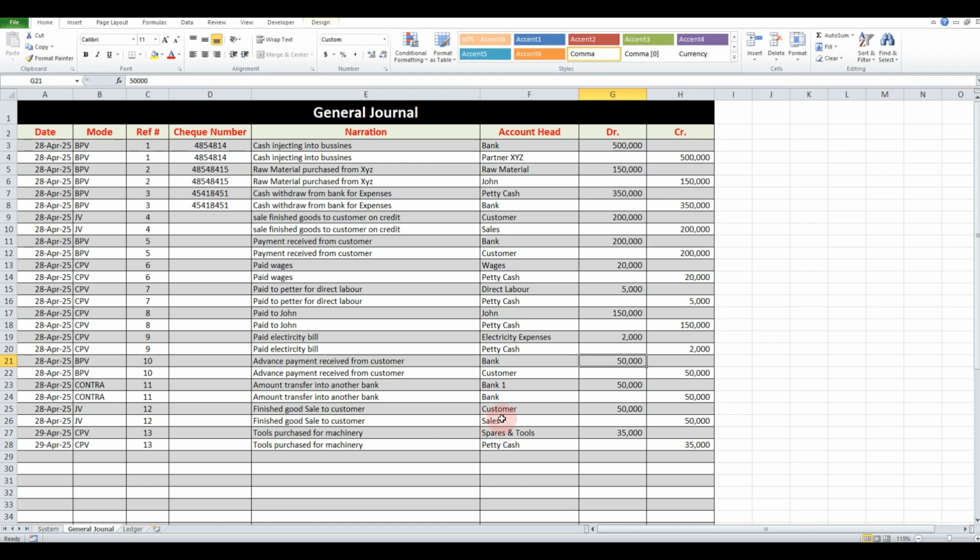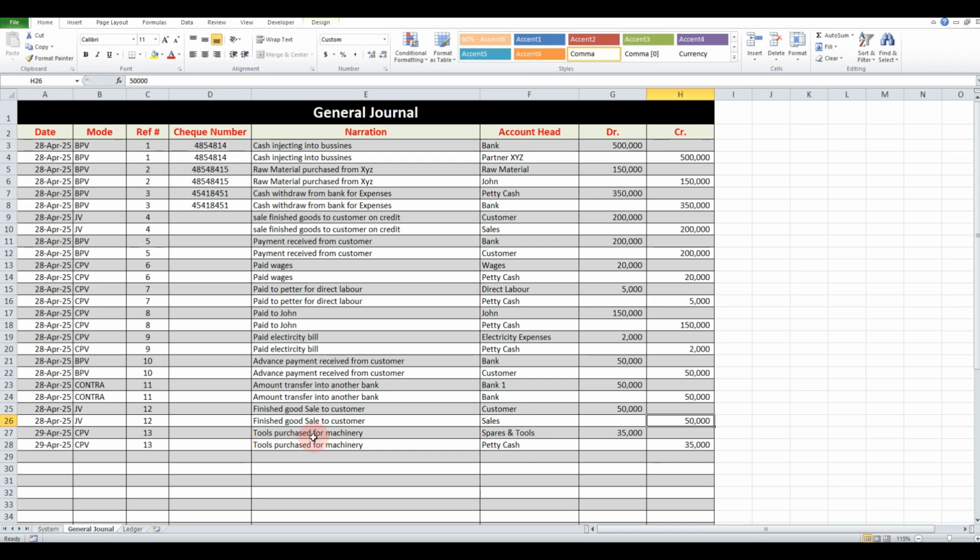Now I am selling to him. Customer debited, 50,000 debit. And sales is an income account, and when an income account increases, it will be credited.